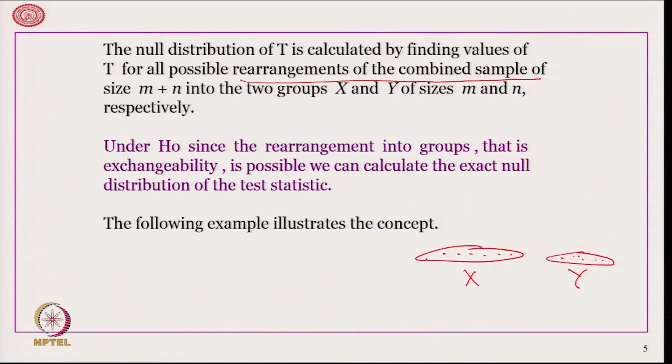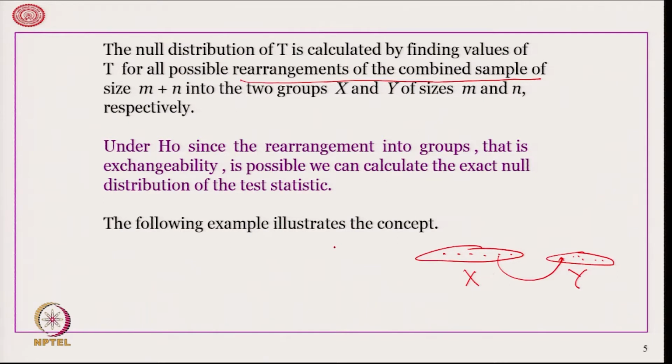That is, this total m plus n many observations we could permute among themselves such that here comes m and here comes n of them, and under the null hypothesis they should all be equally likely. This is what is exchangeability. That means, any x observation can be exchanged with a y observation and vice versa.